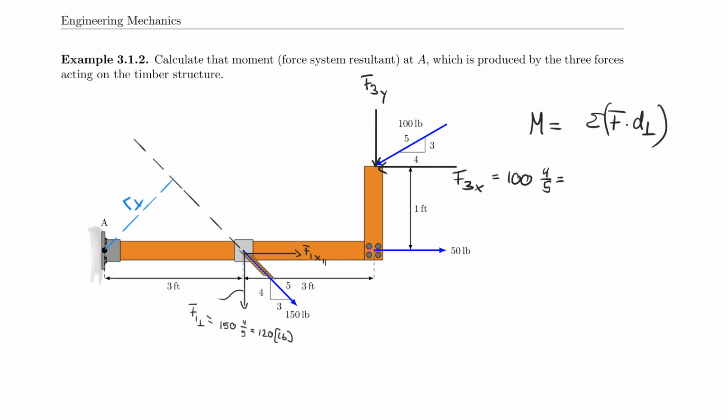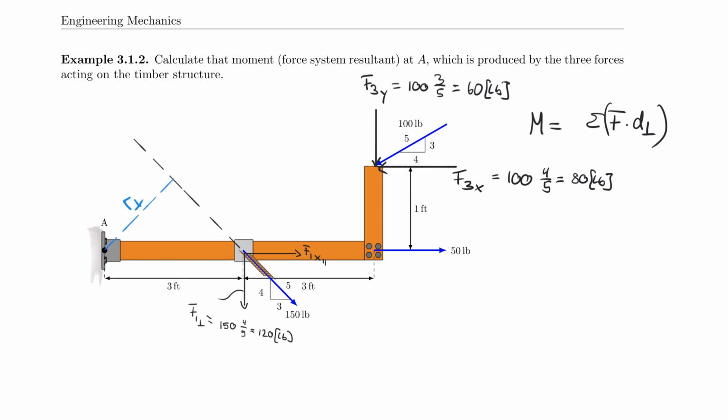So that would be 100 divided by 5 is 20 times 4 is 80 pounds. And so then here we have 100 divided by 5, 20 times 3, if I'm not mistaken, is equal to 60 pounds. All right, and so now we have all our forces that we need.